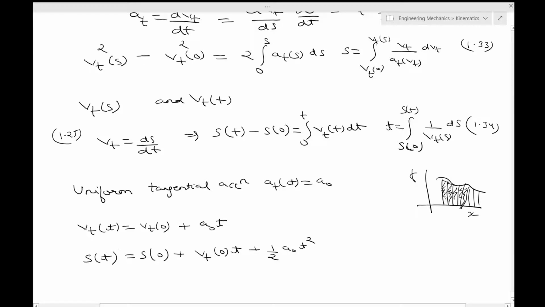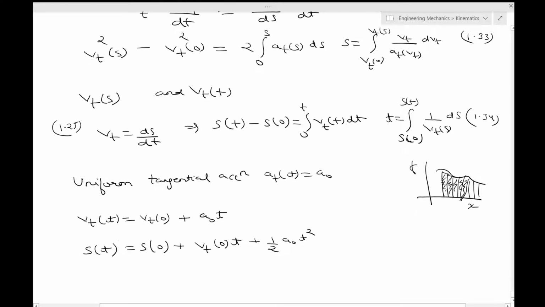And then the last, which is 1.34, sorry, this will come because of this 1.34. It's somewhat obvious as well, but it should come from over here.